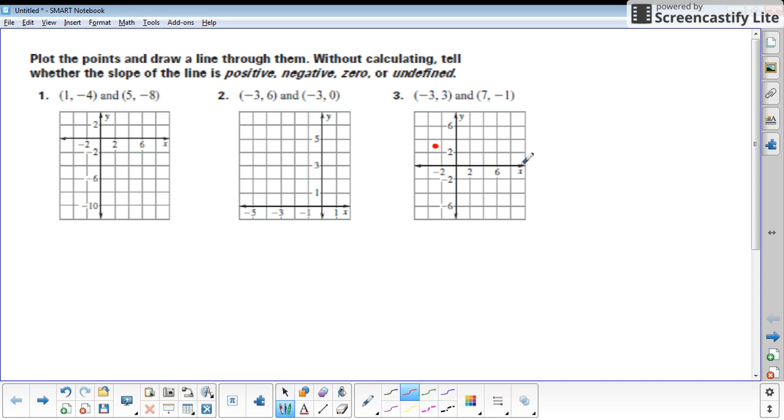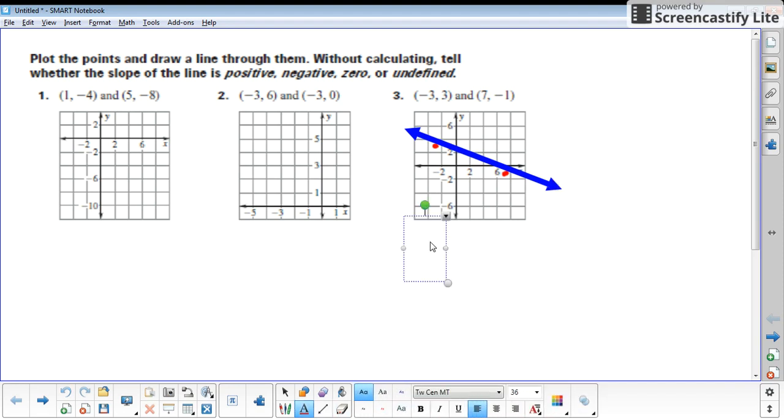For the other one, (7, -1), your point would be here. Then when you draw your line, it goes that direction, so that's going to be negative. You don't actually have to calculate the slopes here. If you know the orientation, you can just write down what it is for that first page.